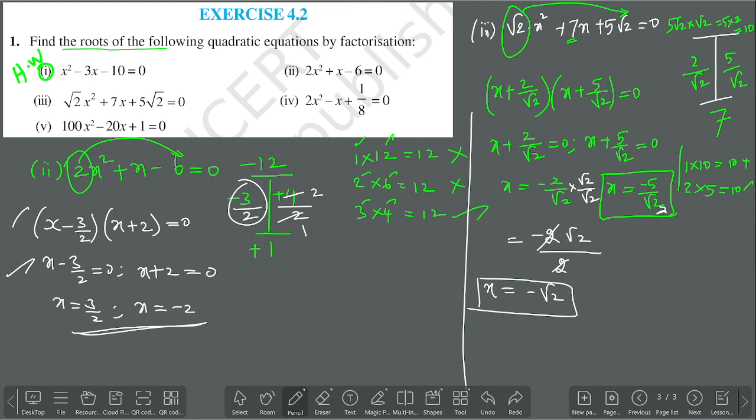Minus 2 into root 2, so minus 2 root 2. Denominator root 2 into root 2 is root 4, and root 4 equals 2. Like that I entered there. It's correct.